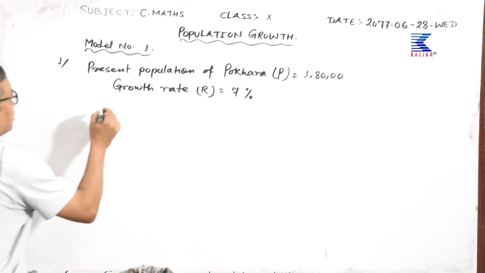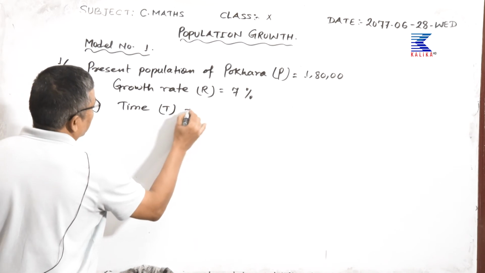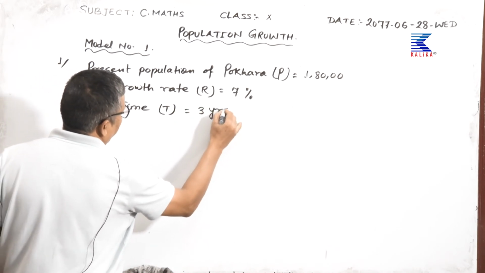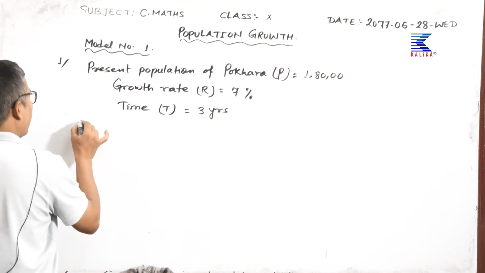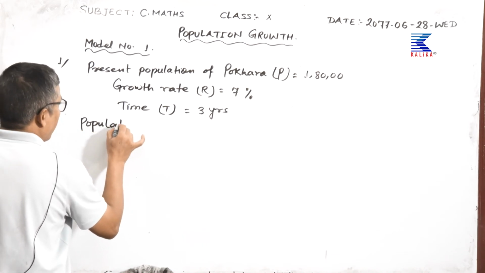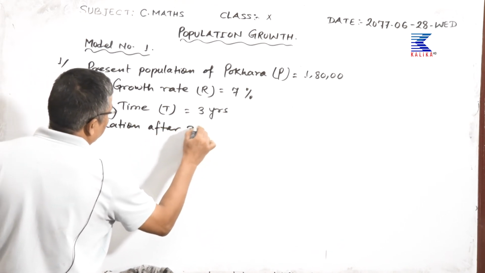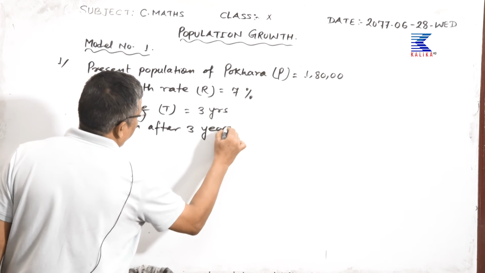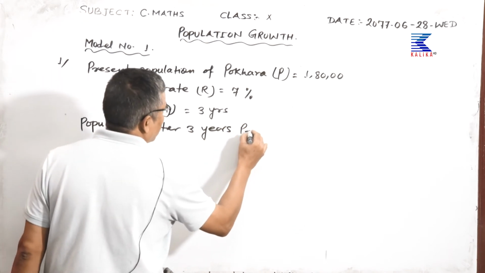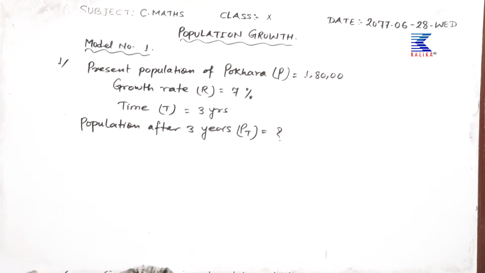After 3 years, that means time t is equal to 3 years. Clear? Then we have to find the population after 3 years, Pt is equal to what?